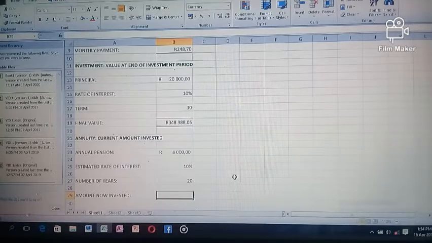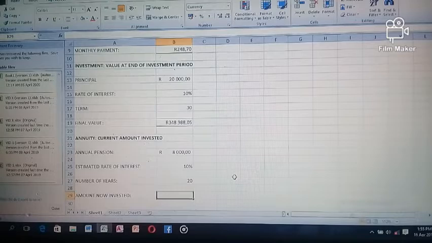For you to get that car, you will tell us how much you are gonna put in the bank first. That first amount is your present value. Let's say you're gonna put in 20,000 rands or 10,000 rands, which is the present value.